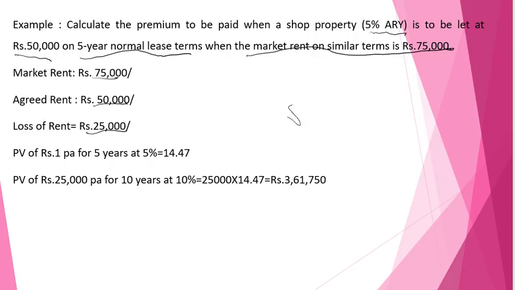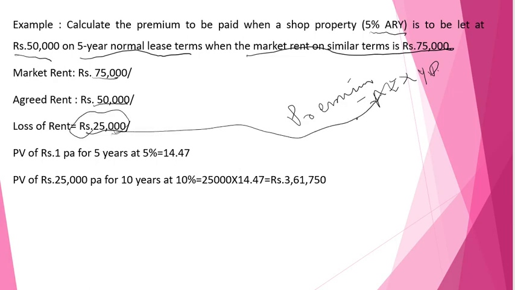You have to know the formula: premium is equal to annual equivalent into YP. So annual equivalent is 25,000. YP you can calculate for a single rate at 5% for 5 years, it is 14.47. You multiply 25,000 into 14.47, it means you need a premium of 3,61,750.